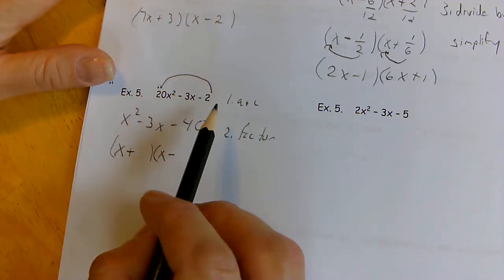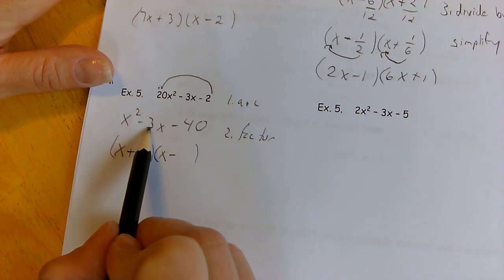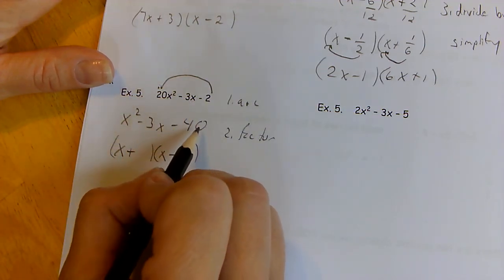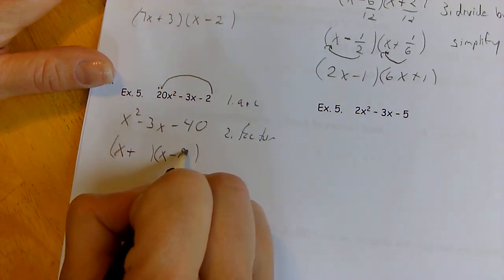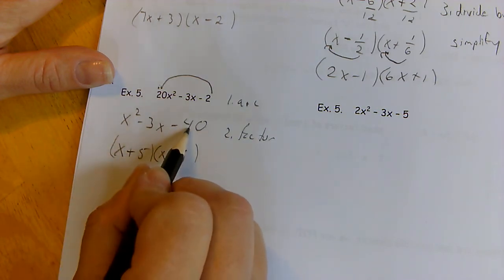So that's going to be 4 times 5. We'll subtract to 3. The leftover is negative. I meant 8 times 5. I apologize. 8 will be negative. 5 will be positive. They combine to negative 3, multiply to negative 40.